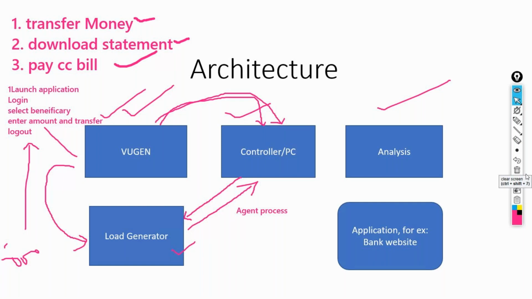After that, it's up to you how many LG machines you need for your application, based on the number of users you need to test, the protocol, the script complexity, and all these factors. But every organization will have multiple LGs. It's not like they will have only one LG.